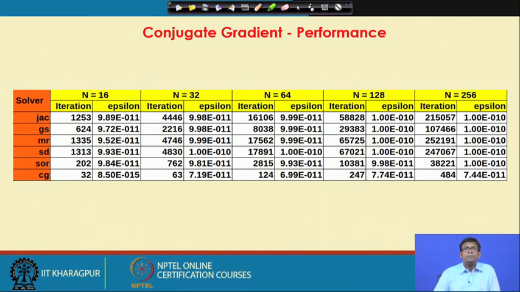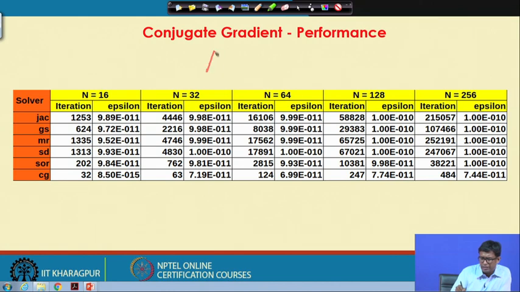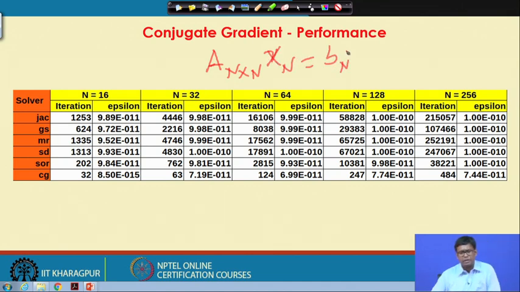Now, let us look into the performance, which is interesting. There are a few n into n matrices, so we have an n into n system, Ax equal to b. We started changing the values of n from 16 to 256.